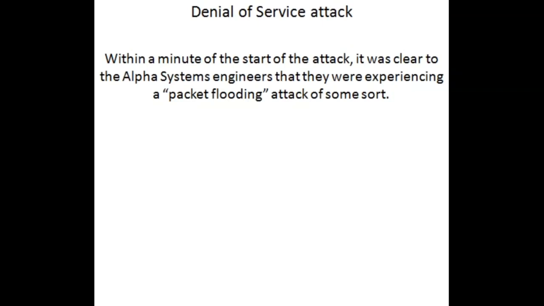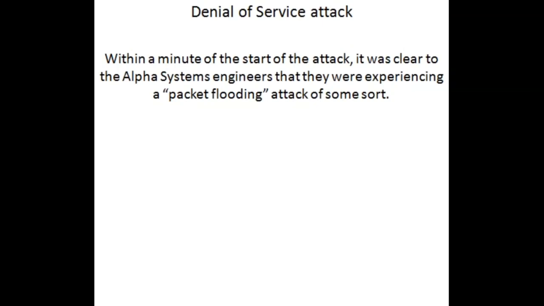After looking at the log files of their Cisco router, it showed that both of their two T1 trunk interfaces to the internet were receiving some sort of traffic at their maximum 1.5 megabit rate. While their outbound traffic had fallen to nearly zero, they were drowning in a flood of malicious traffic and valid traffic was unable to get out.